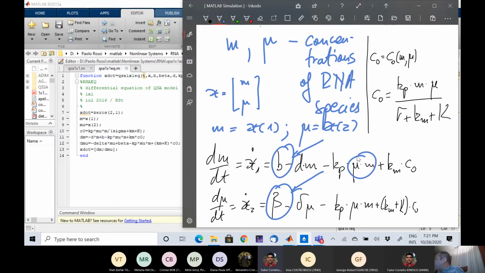Clearly, we have these products showing up, mu also here. It's a chemical reaction model, and very often chemical reaction models have polynomial nonlinearities. Okay. I have finished here. I will save you the slide and it will be available.